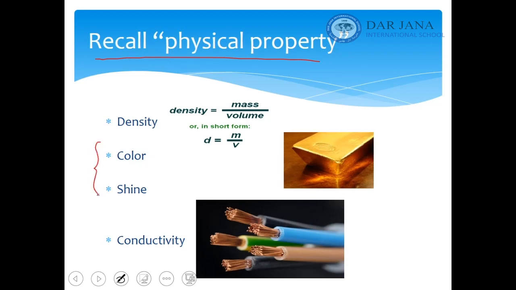So we use our eyesight to tell the color and tell whether a substance is shiny or dull. Other properties like mass and volume can be measured by instruments, and density can be calculated. We have magnetism, we have conductivity, which is the ability of a substance to conduct heat and electricity.